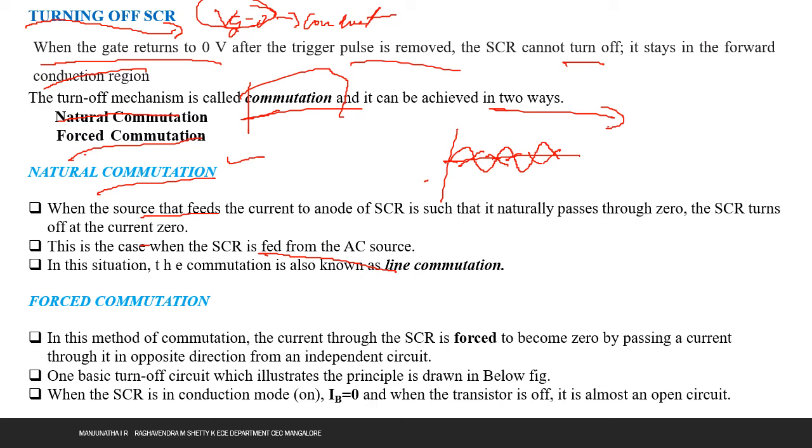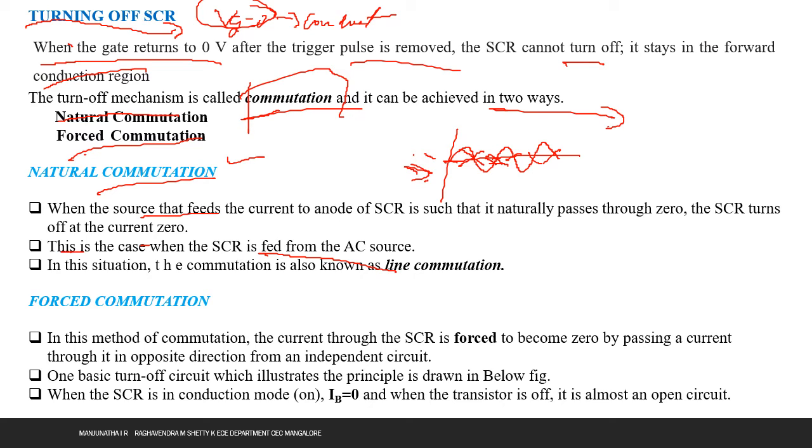But when we are not giving a static voltage at the gate and instead give some input voltage like a sinusoidal signal, it is always going to cross zero voltage after each particular interval of time. When it crosses zero voltage, the SCR is going to turn off. So it happens very naturally when we give a sinusoidal signal.